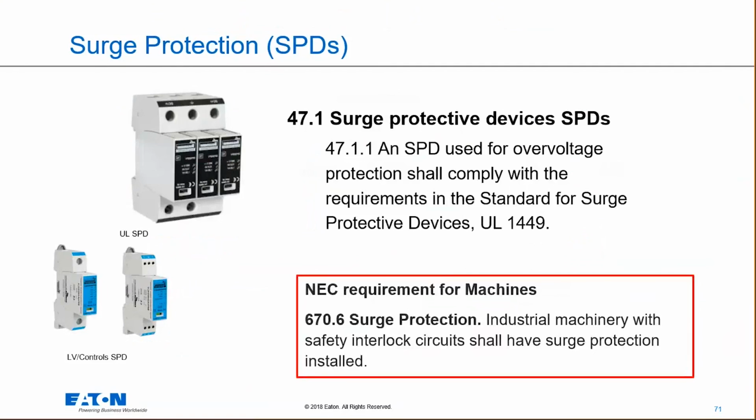You want to make sure that any kind of surge doesn't wipe those things out. So just make sure that if you're doing any kind of machine application, industrial machinery, or putting enclosed stuff on the side of there and you're controlling the safety interlocks, you have to have surge on those. So just be aware of that requirement under NEC 670.6.